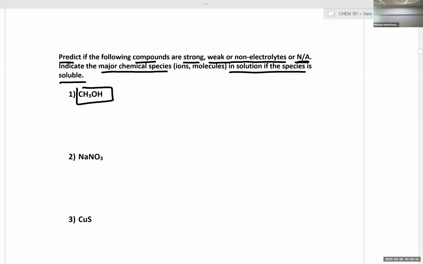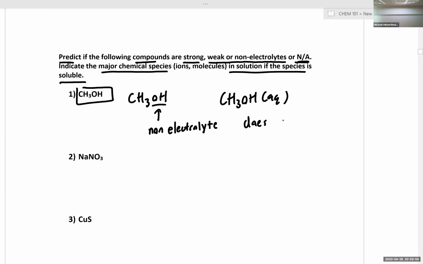CH3OH. It's an alcohol, so this is a non-electrolyte. We write this as CH3OH, aqueous, and it does not ionize. It does not dissociate to yield ions in solution.